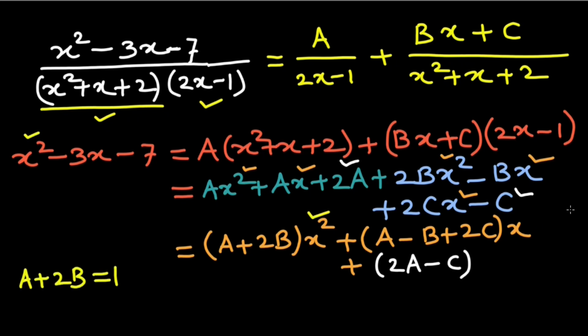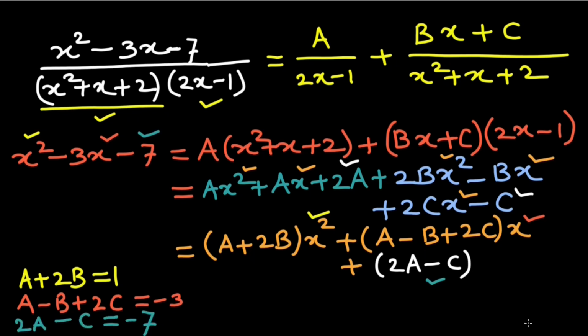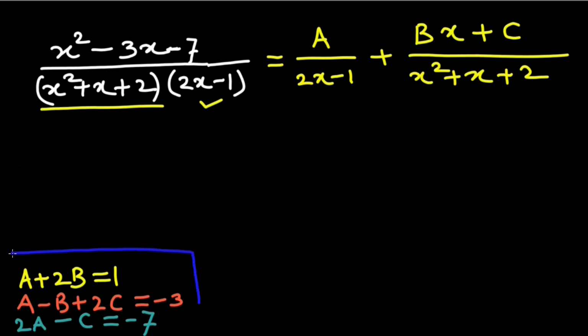Next we will equate the coefficients of x on both sides and write a minus b plus 2c equals minus 3. And finally we will write the constant term, that is 2a minus c equals minus 7. We have to solve these three equations to get the values of a, b and c.